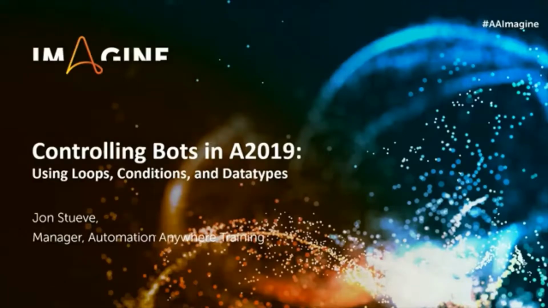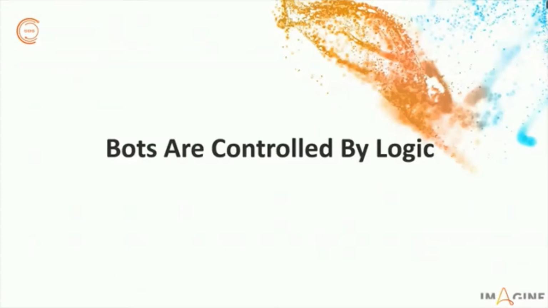I'm manager of Automation Anywhere training, and this is controlling bots in A2019 using loops, conditions, and data types. I want to remind you that bots are controlled by logic, and that's not necessarily Spock-type logic, but bots follow a defined set of steps to mimic a process that a human performs. Initially, that's started by doing a recording of the steps that a human's producing.